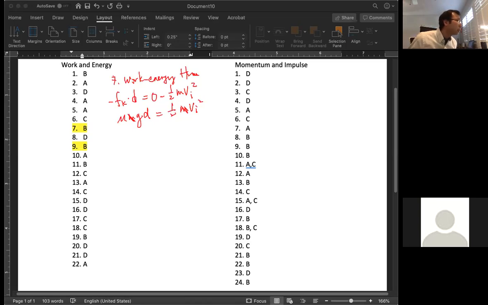All right. Number 9. A ball is thrown vertically upward with velocity v and initial kinetic energy is Ek.